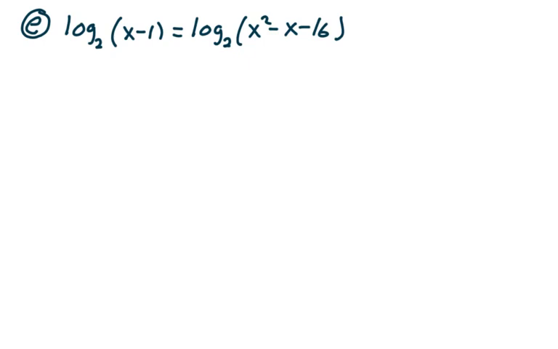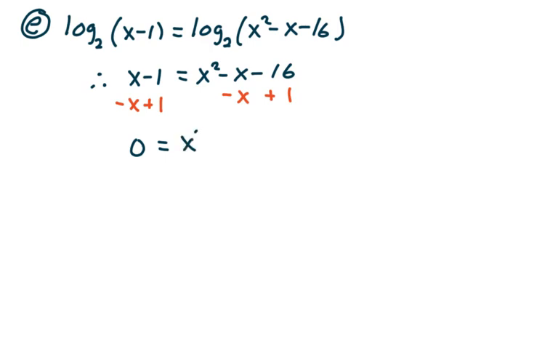And so on the next line, notice how they have the same base. So we could match the arguments. So in other words, x minus 1 is the same as x squared minus x minus 16. Okay? All right, now I'm going to subtract x, add 1. When I do, I get 0 equals x squared minus 2x minus 15.